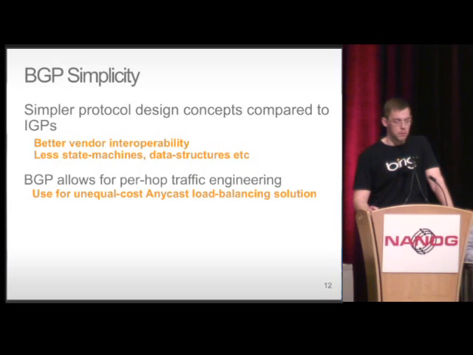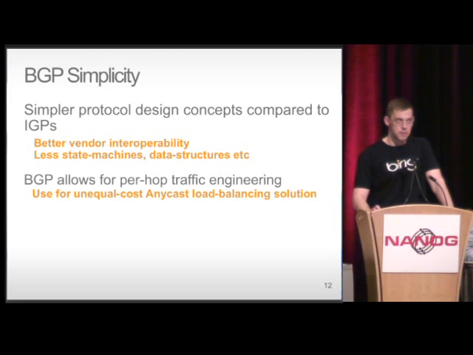So first of all, the main argument was the simplicity of BGP, because if you look at the BGP specification and source code, you can see the state machines and data structures in BGP are much simpler compared to, say, OSPF. If you simply compare the OSPF adjacency formation process with BGP update exchange, you can clearly see that BGP is much simpler.